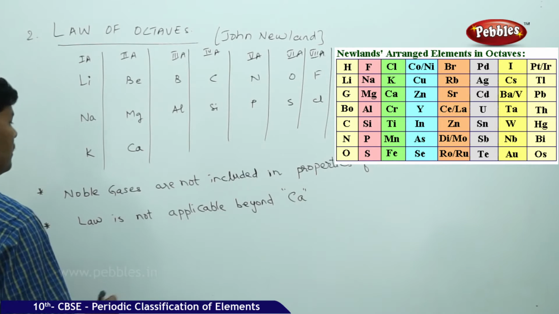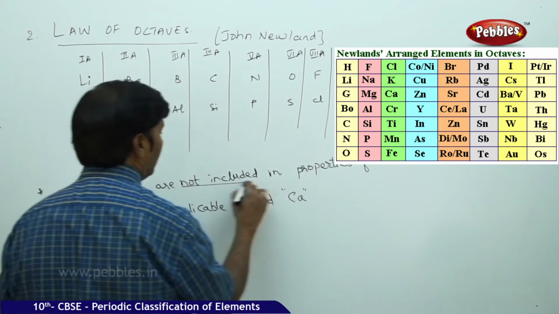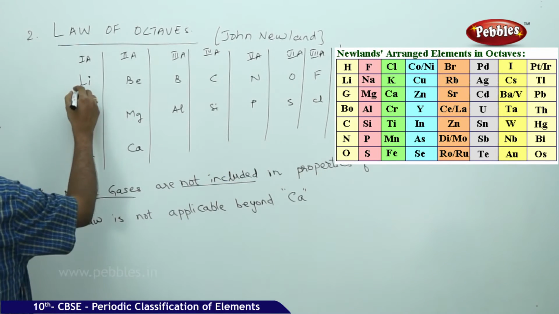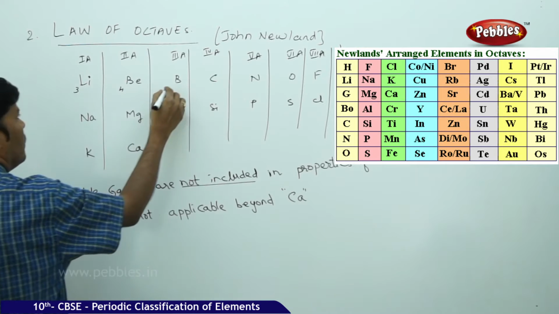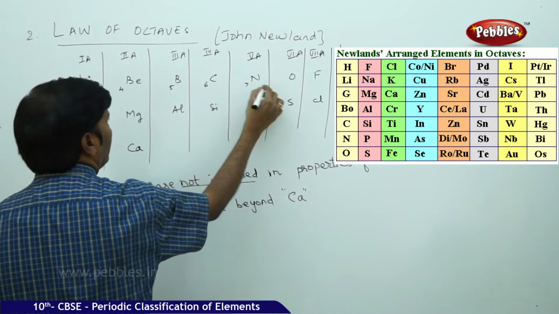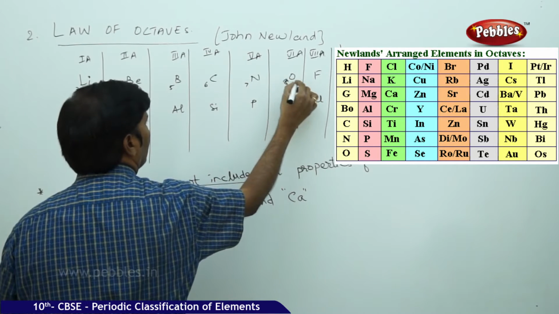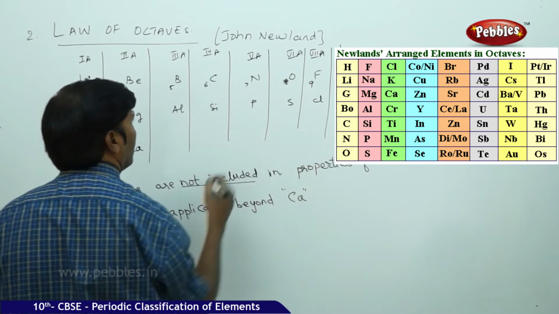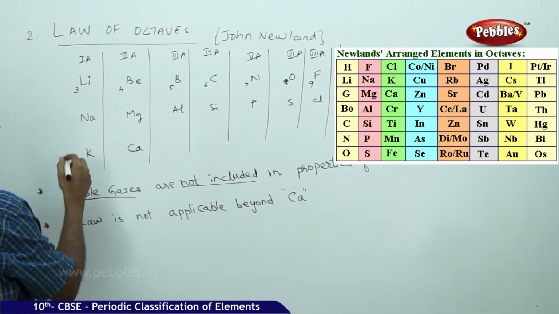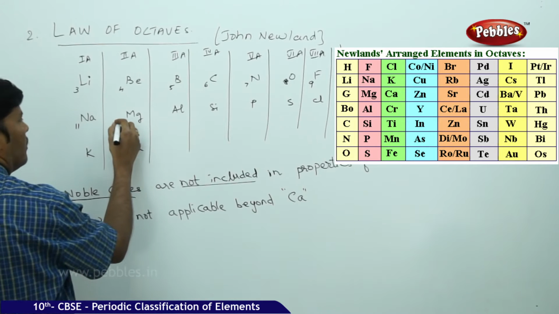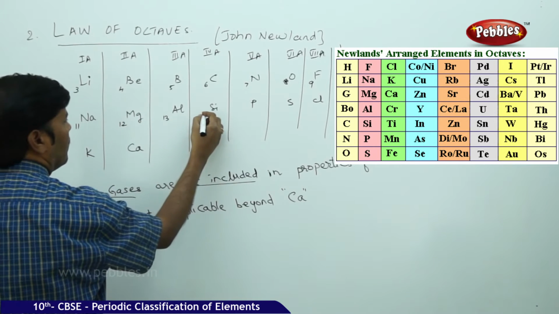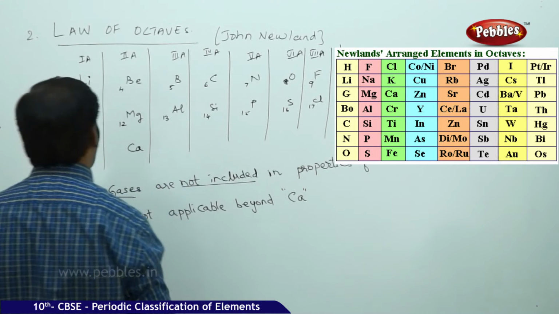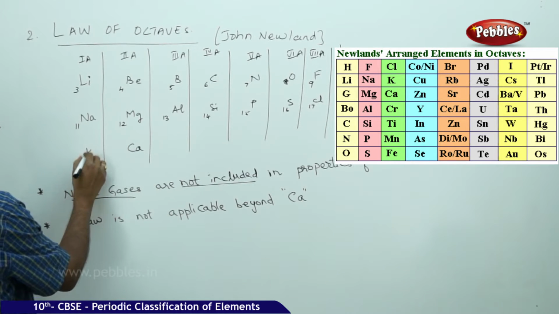Then if that is the case, because noble gases are not included, I am striking off the noble gases and I am starting with lithium, atomic number 3, 4, 5, 6, 7, 8 and 9. Again you take 11, 12, 13, 14, 15, 16, 17, and this is 18.